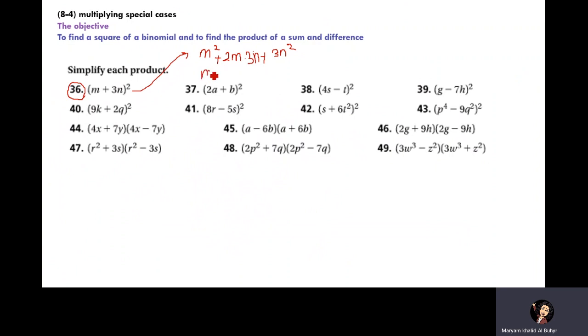Now that will be m to the power 2 plus 2 times the 3, 6mn. Plus, here I have to put my parentheses. Now when I distribute the power, that will be 9n squared.